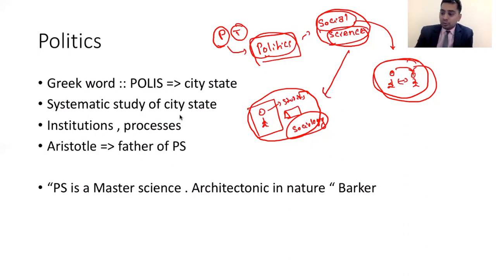Similarly, when it comes to politics, here you are not bothered about the study of the individual's life, the individual's marriage. Rather, you are bothered about how this individual is getting impacted or impacting the community or the other person.